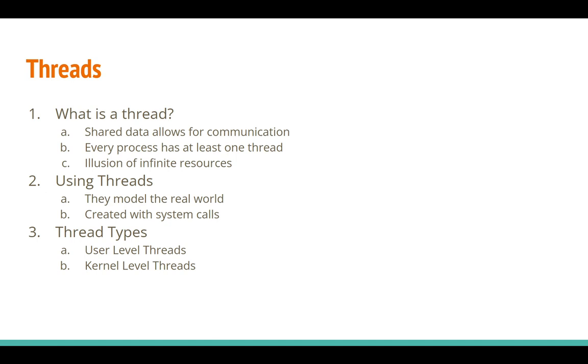The shared information, the shared data, allows for communication between threads, which really holds a lot of power. Threads also give the illusion of infinite resources because they're just more things that can be run concurrently and give the illusion of more processes and more resources.